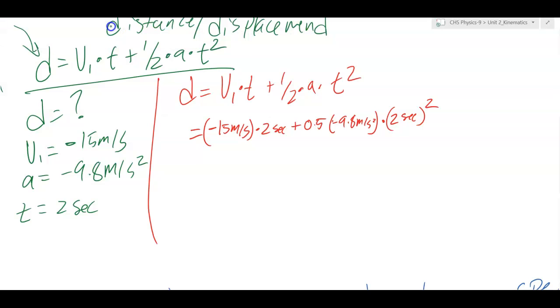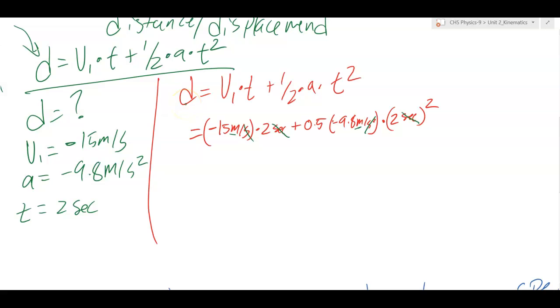Let's start by crossing out some things. So seconds cross out there. This ends up becoming seconds squared. So seconds squared and seconds squared go. And I'm just left with meters plus or minus meters, which is good because our distance and displacement units are meters.